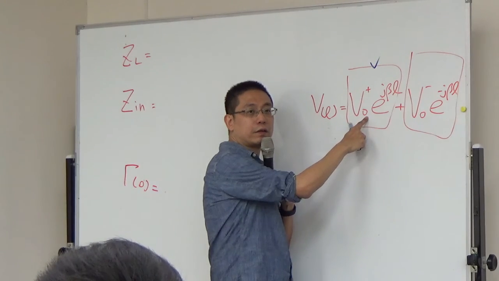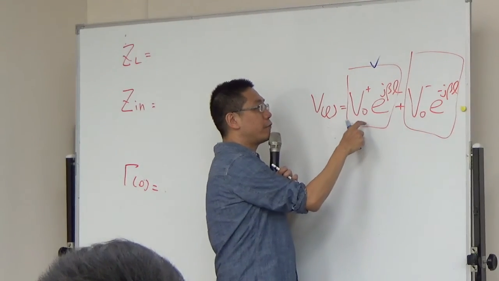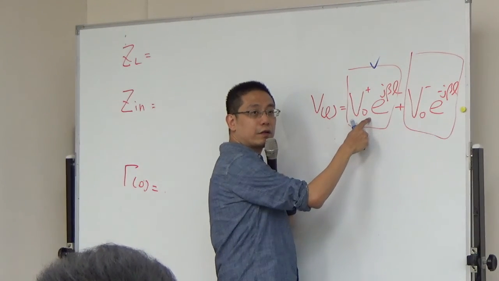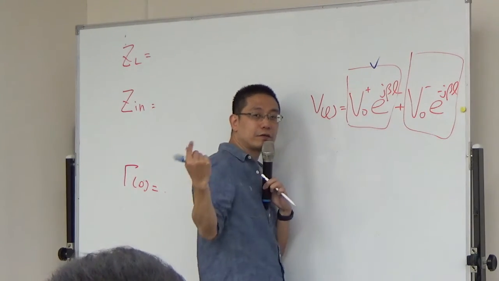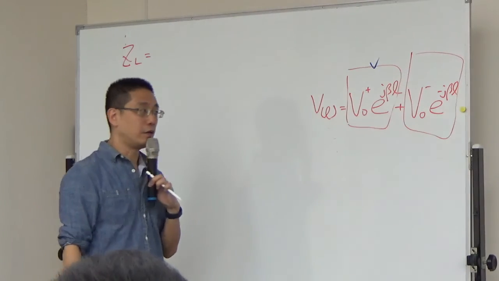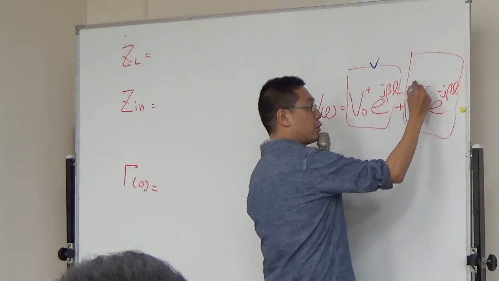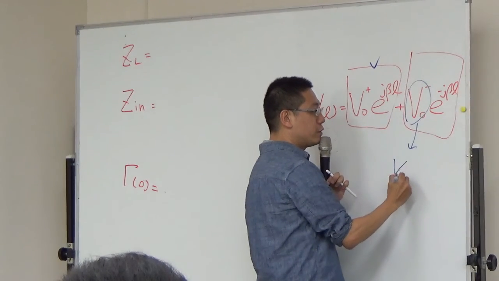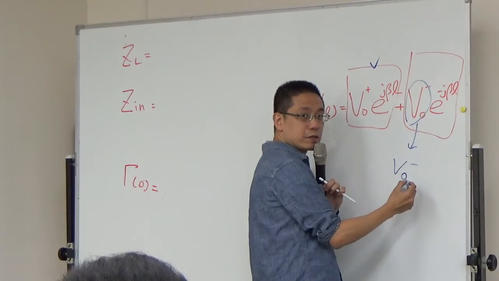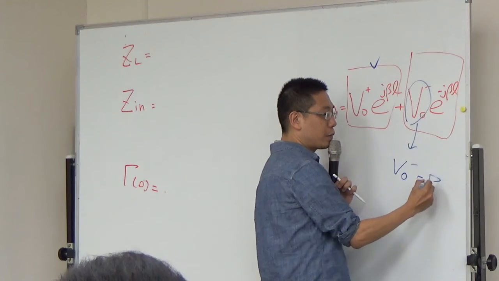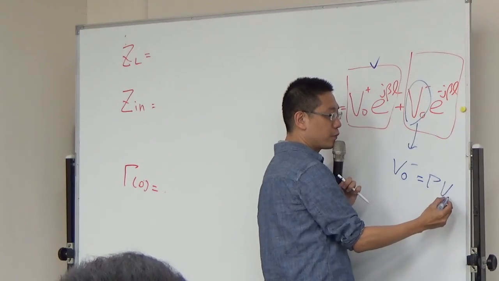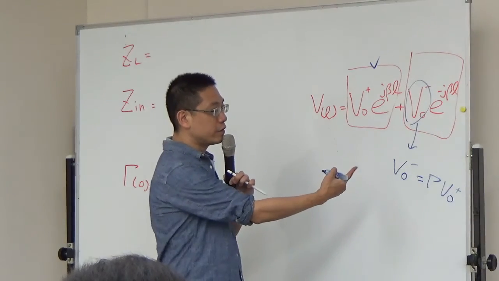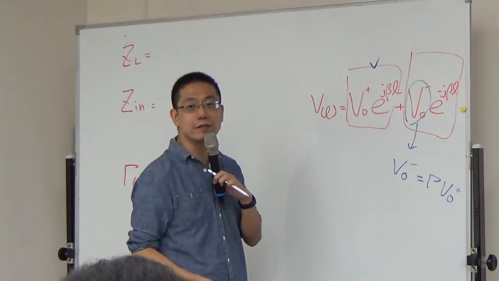What happens if I have only this one? Can anyone tell me how? Okay, 2 points. V0 minus equals gamma times V0 plus, right?